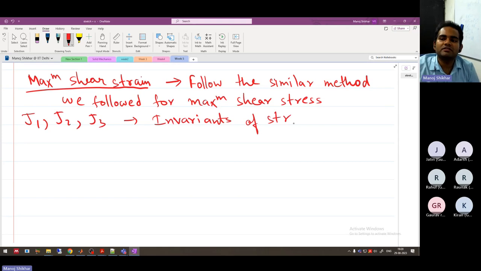Essentially these tensors in matrix form are just symmetric matrices, so the properties are similar. They are not the same, because in stress you talk about a plane or a point, while in strain you talk about a line element, not a plane.